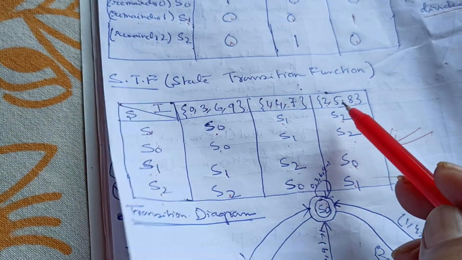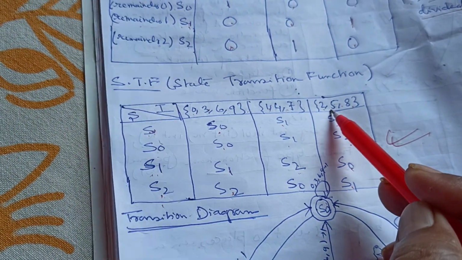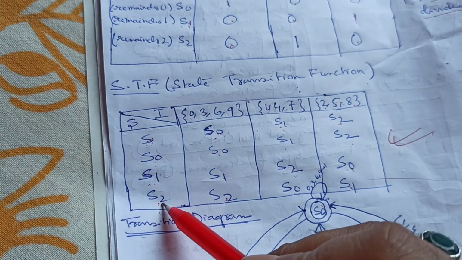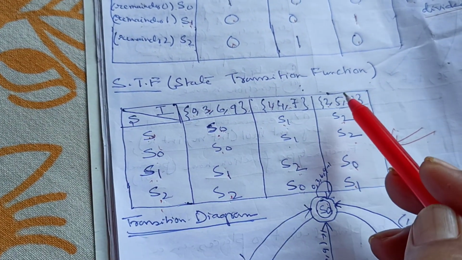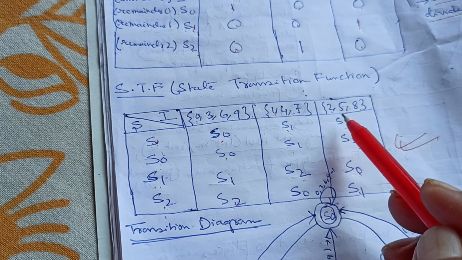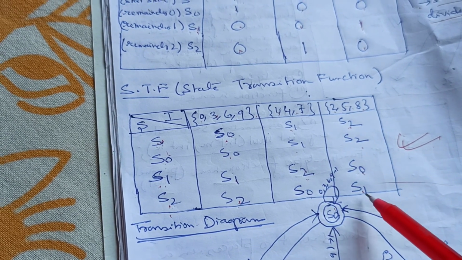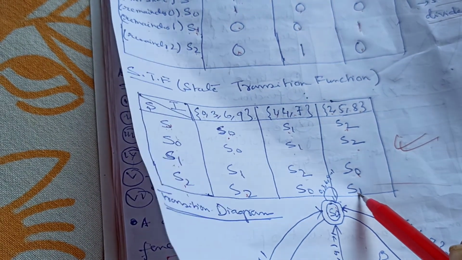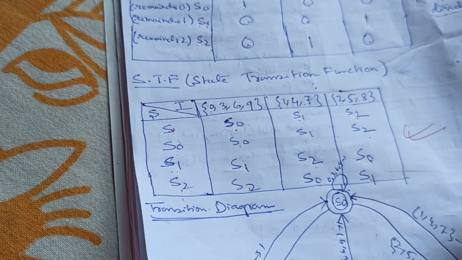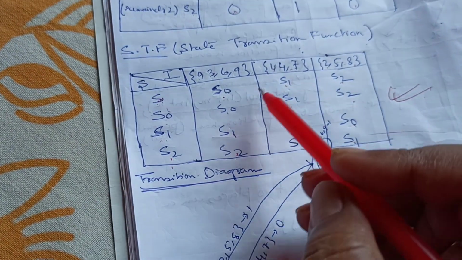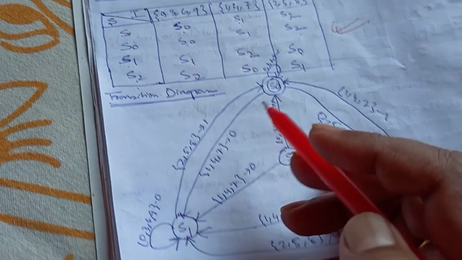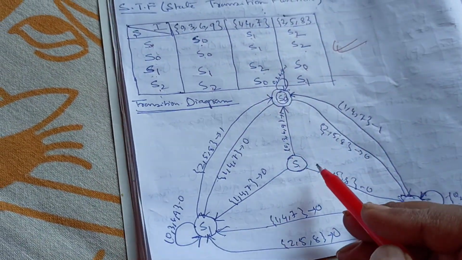Now for 258, the input is 5 and the previous remainder is 2, so 5 plus 2 is 7, and if you divide 7 by 3, you will get 1 as remainder, so it should go to S1 state. Clear?